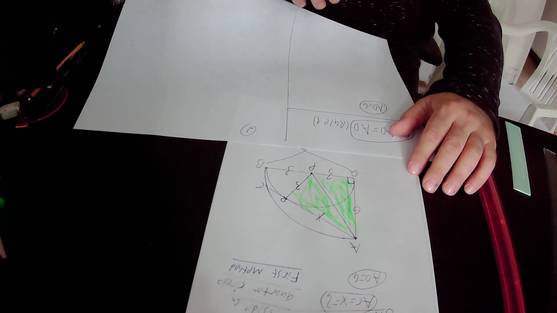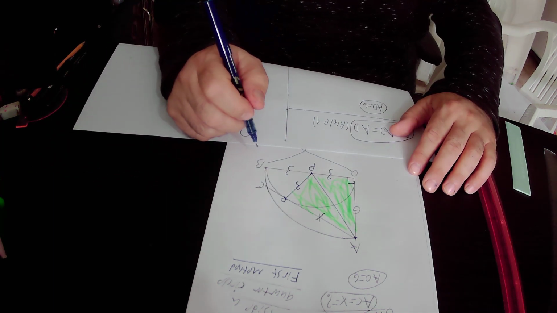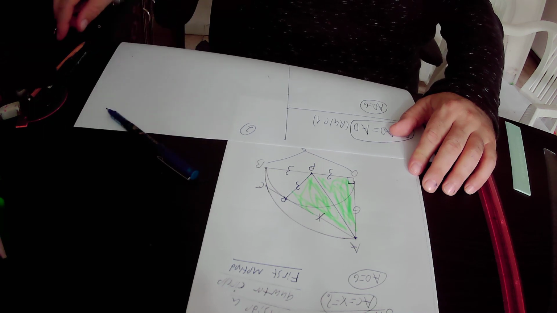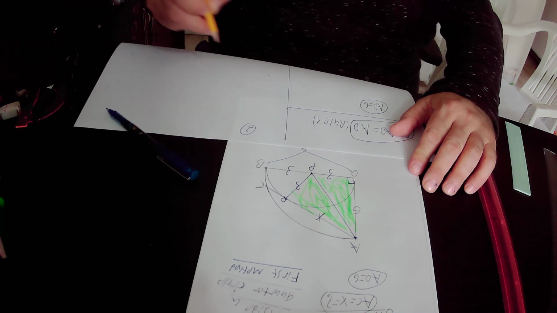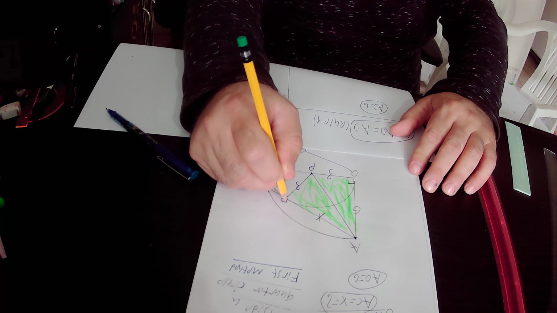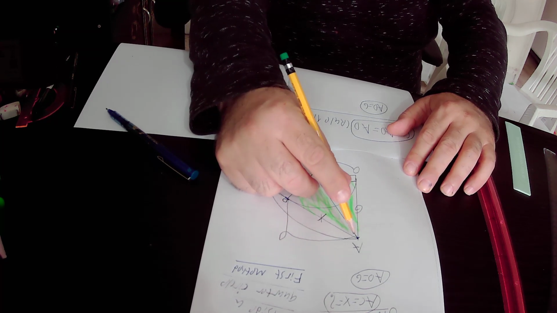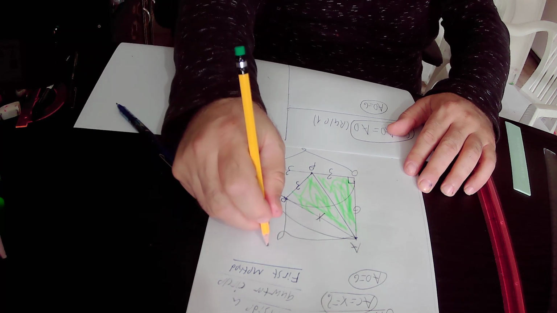So we can write here that AD equals 6 units. Here, this is AD, and it is equal to 6 units.